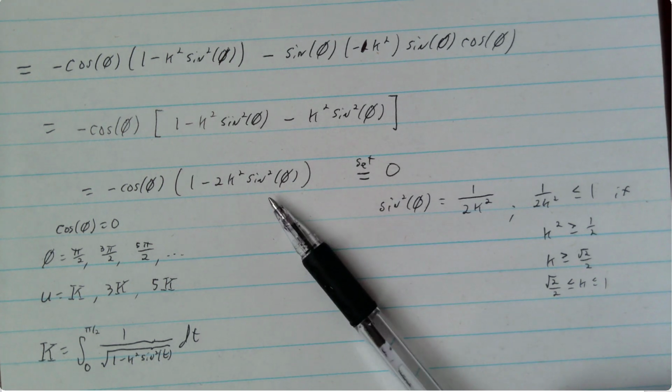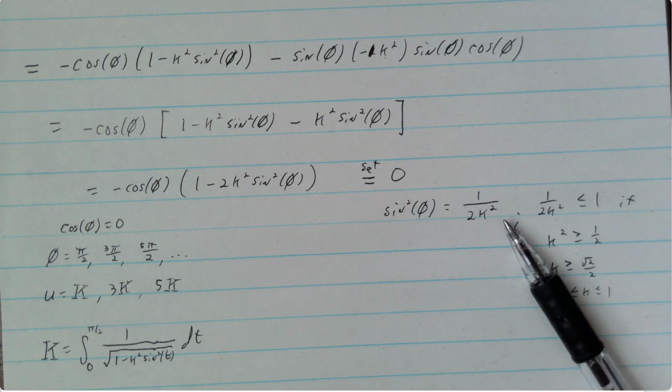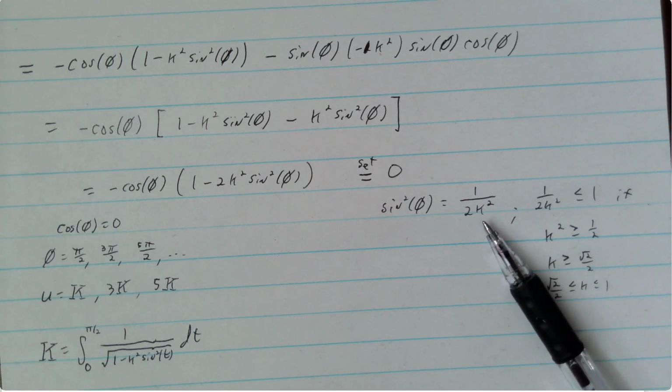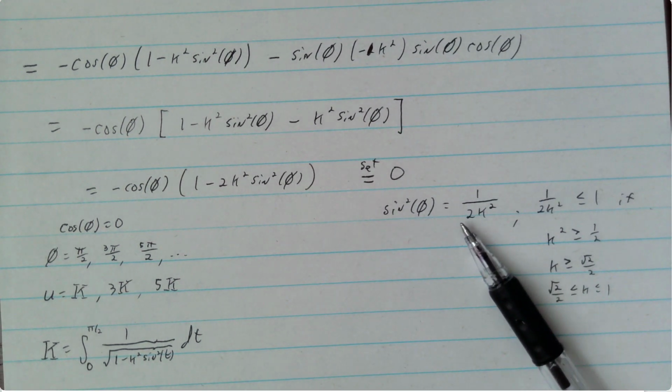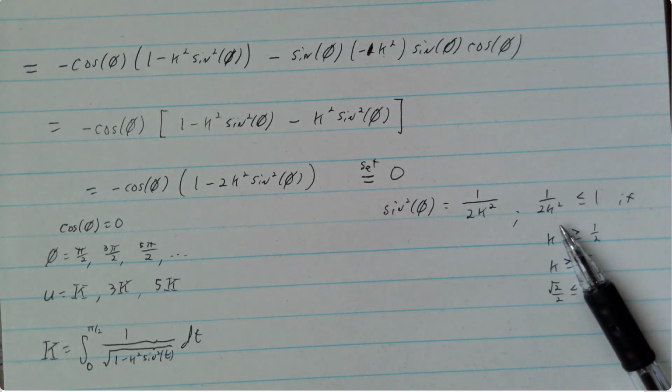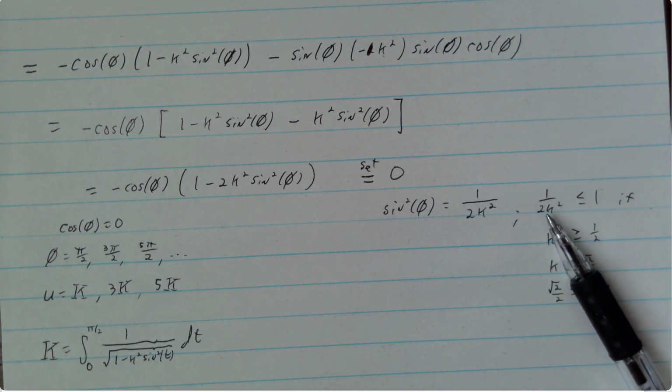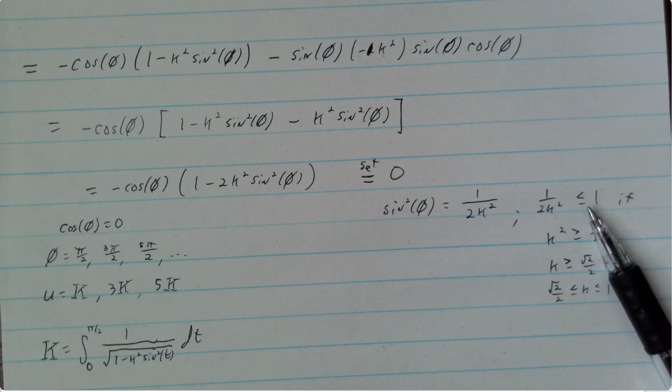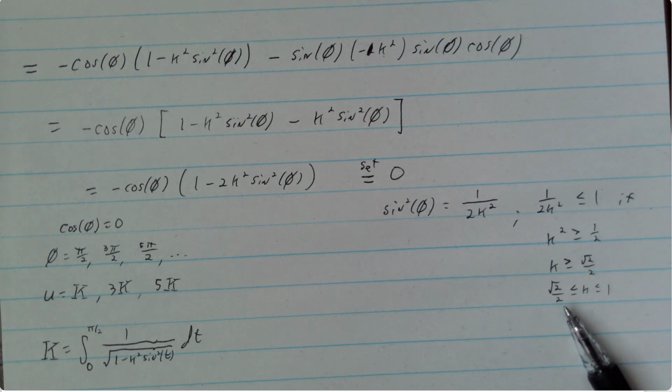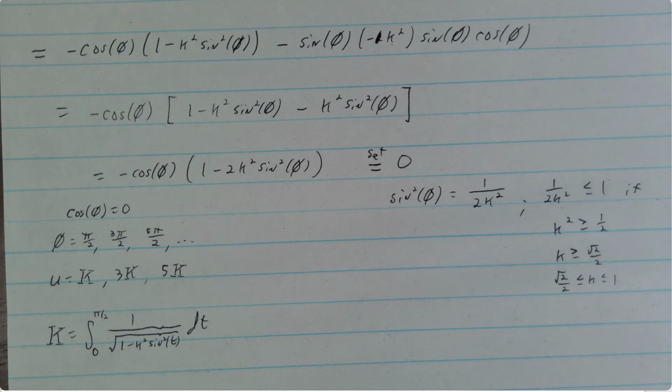But we also get this could be 0, except if k is too small, you don't get a solution. Like if k is 1/2, I end up getting sine squared is 2. It's not until k is big enough so that this is less than or equal to 1, and that occurs at root 2 over 2. So we can find the values of phi in terms of k once k is in between these values, and so I can get my points of concavity.